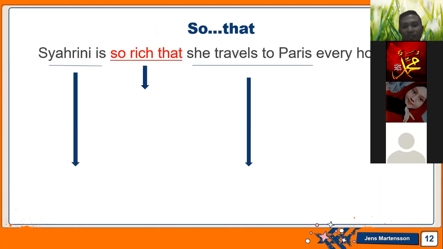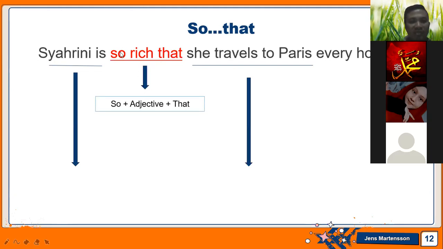Okay, now this is the explanation of the previous. Syahrini is so rich that she traveled to Paris every holiday. Syahrini is so rich is the cause, and she traveled to Paris every day is the effect. Menggunakan so here.